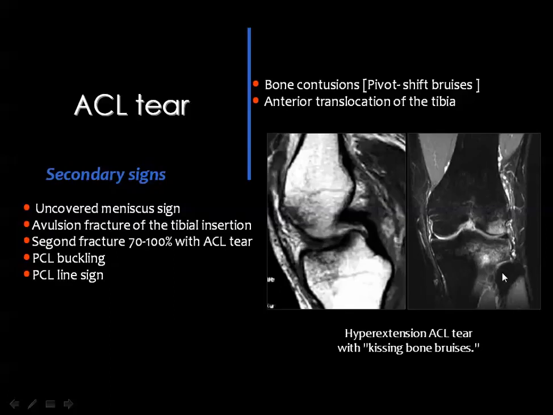And you should remember that most of the signs of ACL rupture are seen on the lateral aspect of the knee, in the lateral femoral condyle and the lateral tibial condyle.